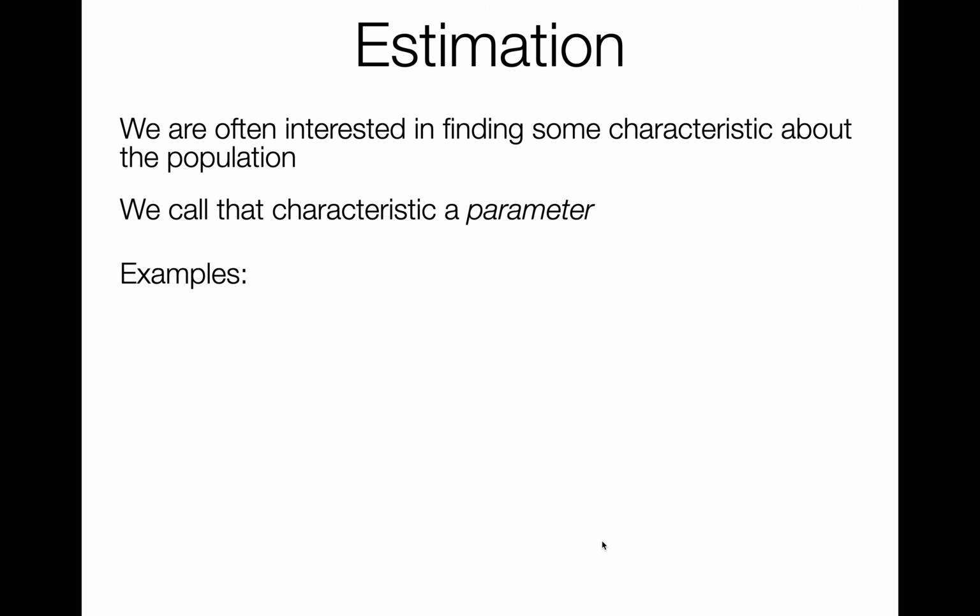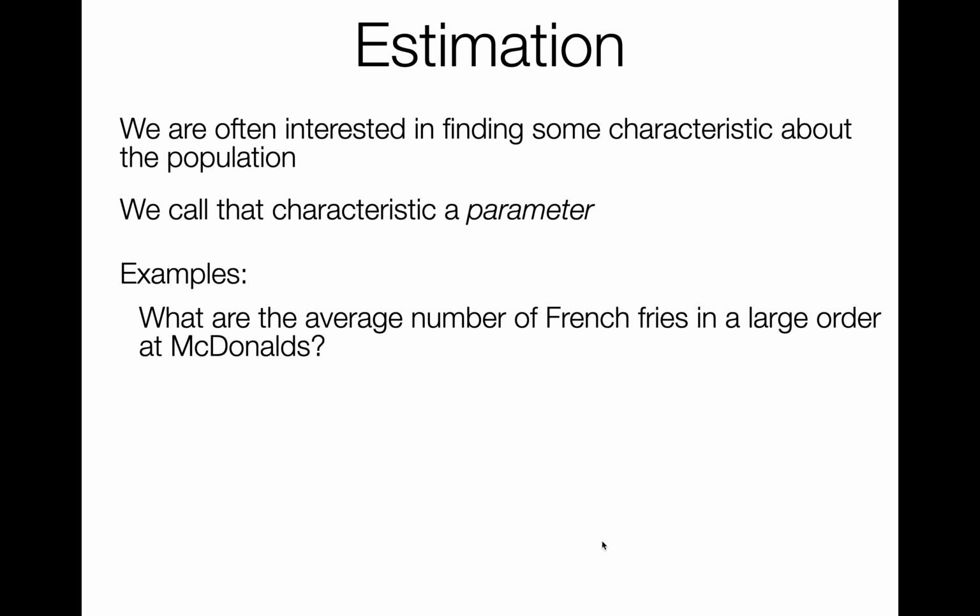So here are some examples that I want you to think about, and I'm going to try to connect these with confidence intervals. These are the types of questions that you might ask, or might be asked, and want to try to estimate.